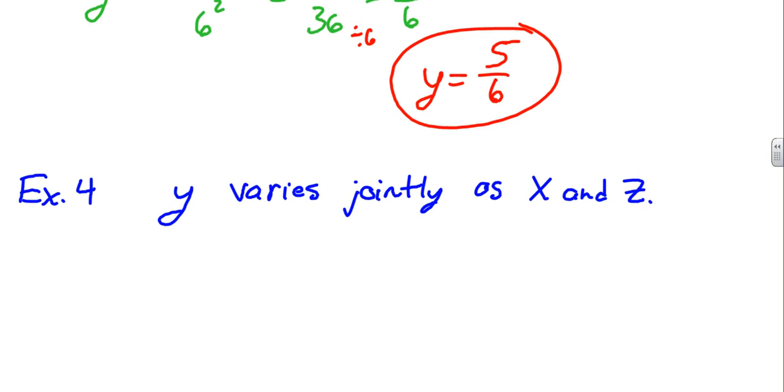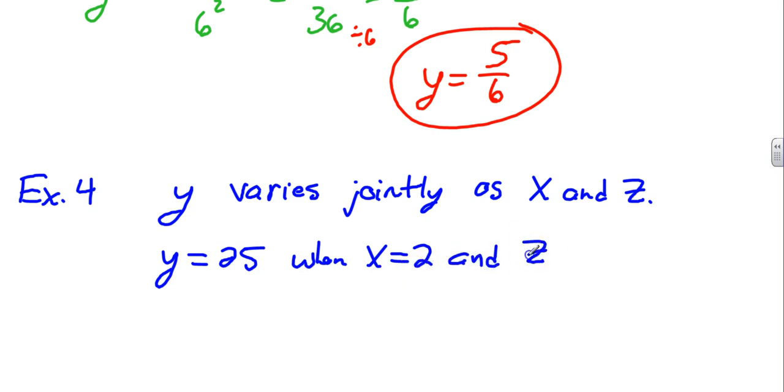Y varies jointly as x and z. So y is equal to 25 when x is 2 and z is 5. Find y when x is 8 and z is 12.